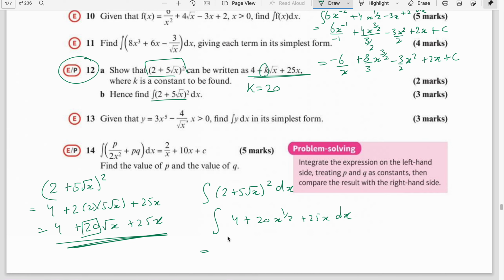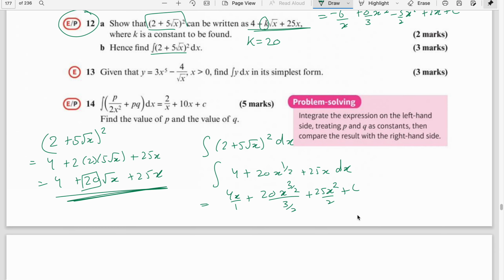This is constant, 4x over 1, 20, we add 1 to the power, that is 3 by 2 over the new power, plus 25, we add 1 to the power over the new power, plus c. Simplification: 4x stays as it is, 20 into 2 is 40 by 3 x to the 3 by 2, plus 25 by 2 x square plus c.